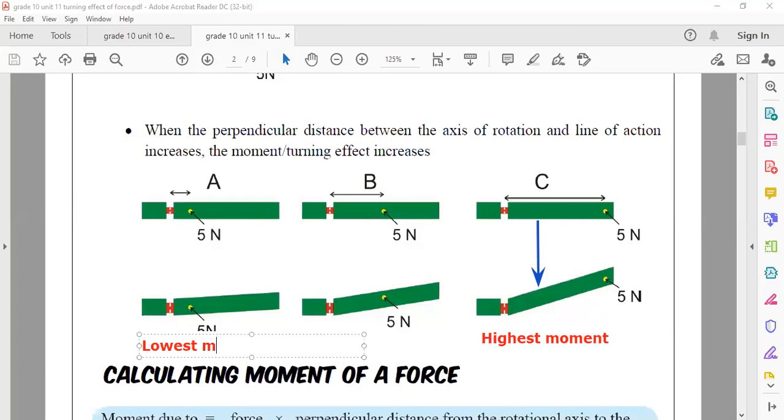Short distance, what can you tell about the moment? Low moment. Long distance? High moment. Are you clear? Yes, sir. So this is easy to understand.